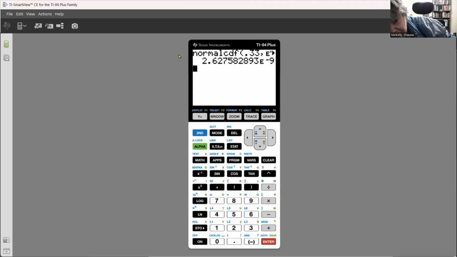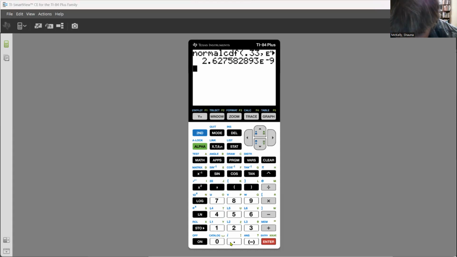Some of you have been getting mixed up with this. Remember that your probability cannot be any larger than 1. This is 2.6, but it's E negative 9. So here, what this means on your calculator is you have this decimal.